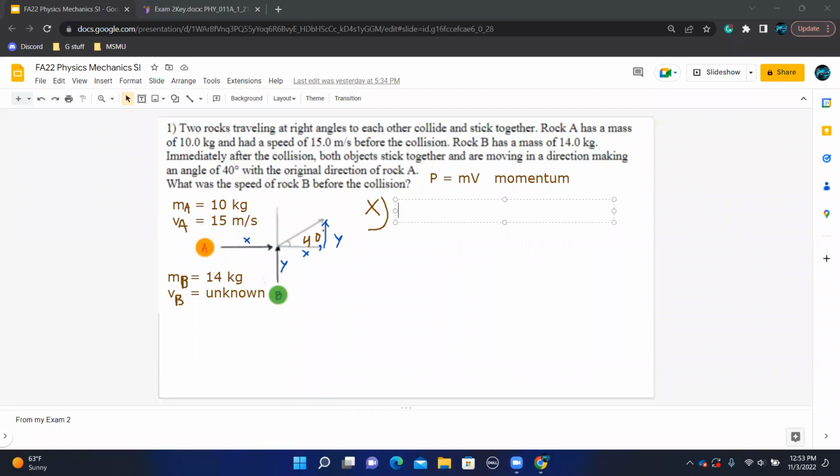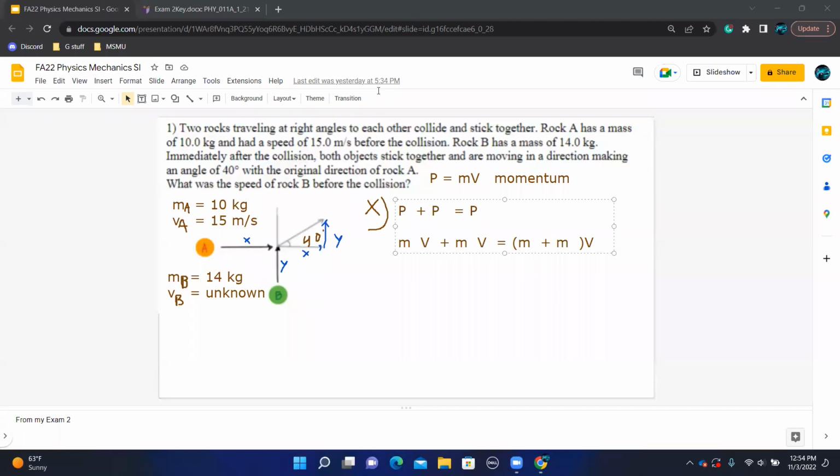Mass of P of A plus P of B equals P of A and B. And then that's going to become M A V of A plus M B V of B equals M of A plus B times V final.